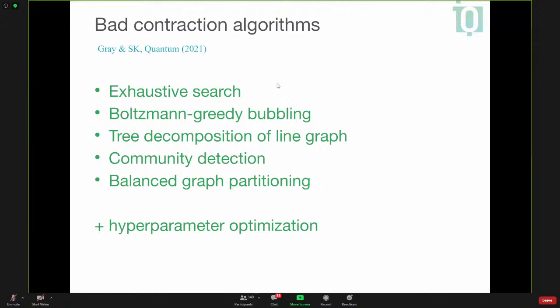Okay. Similarly, we know that in the worst case, simulating quantum algorithms will take exponential time unless some rather unlikely collapse happens in the computational complexity hierarchy. Okay. So what does this mean?